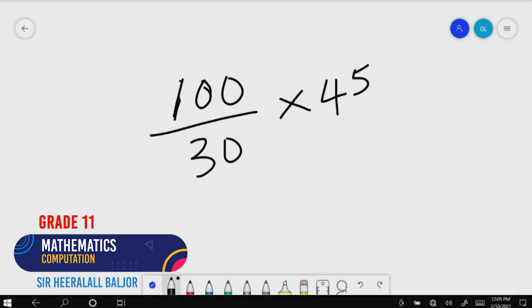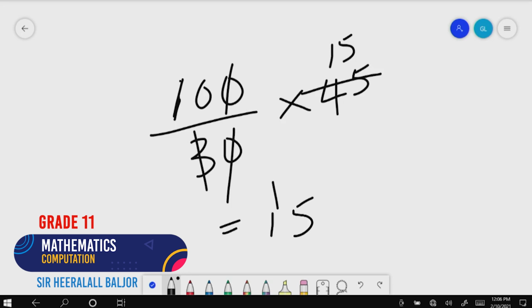In finding this number here, 3 ones, 3, 15. The original number is 150.